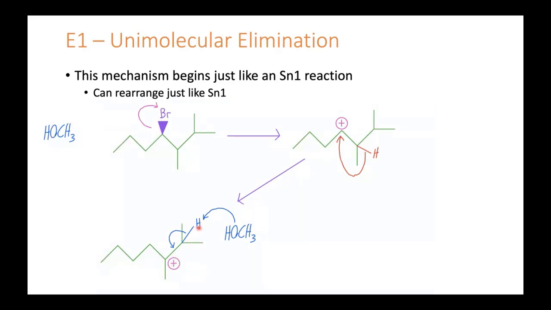Note that I have chosen this blue hydrogen versus a hydrogen on this carbon, because we are looking for the Zaitsev product. When we form the double bond here, we'll have four substituents, and when we form the double bond here, we would have three. Then that's our product. That is a common feature of every elimination product: we're always going to be forming a double bond.